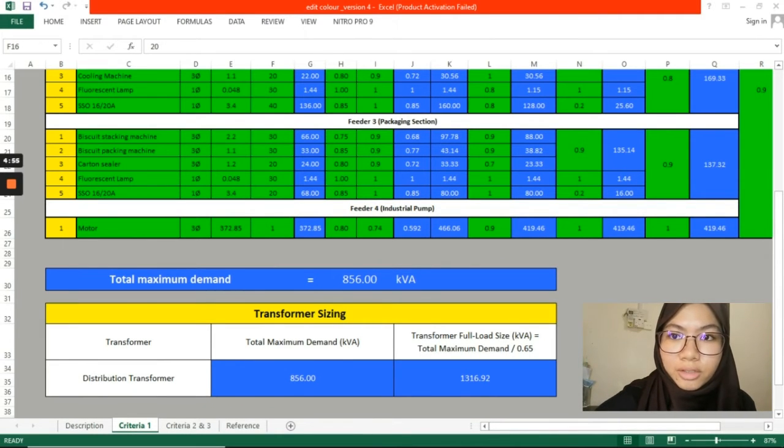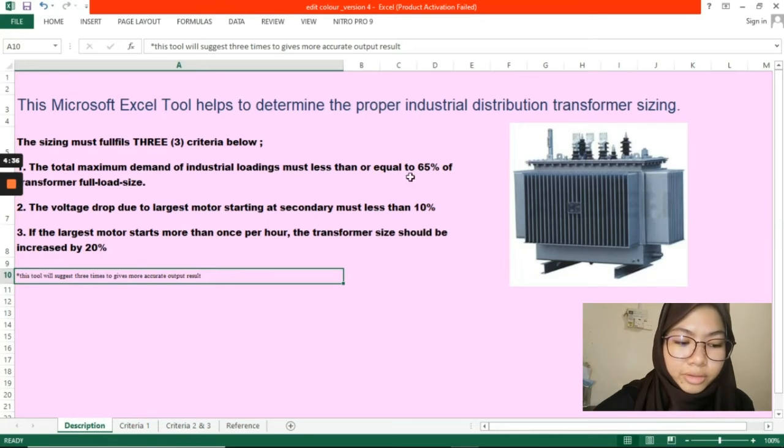So after the user has inserted all the information and data in the green column on the table above, the second table will calculate the total maximum demand, and according to the first criteria, the transformer full load size must be 65% more or equal to the total maximum demand.